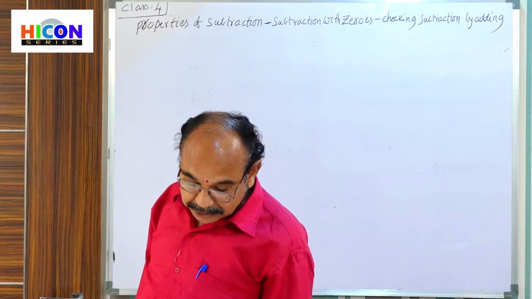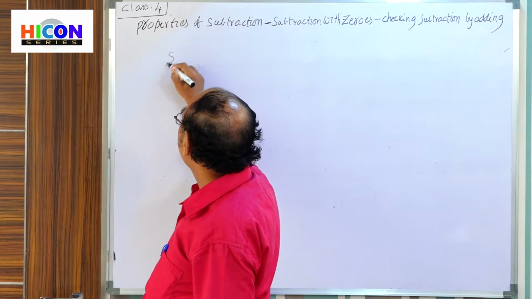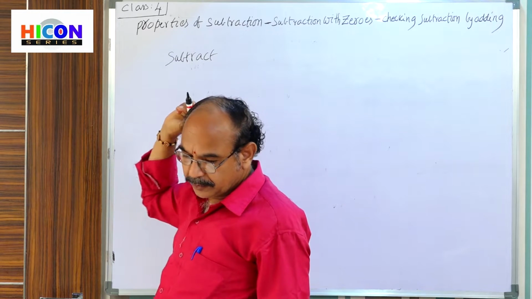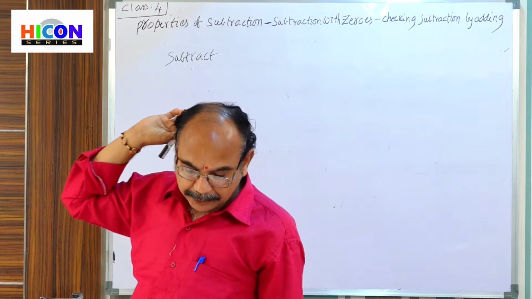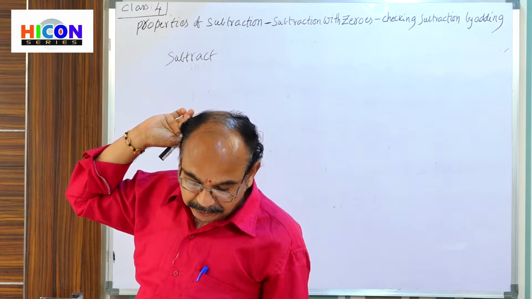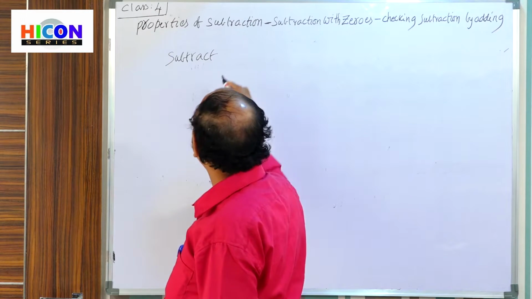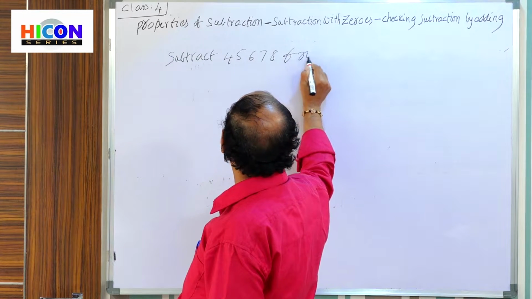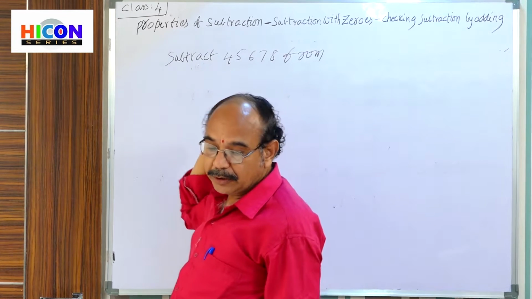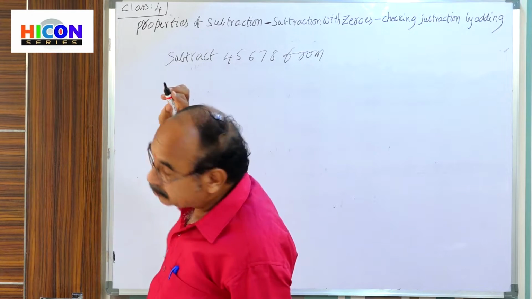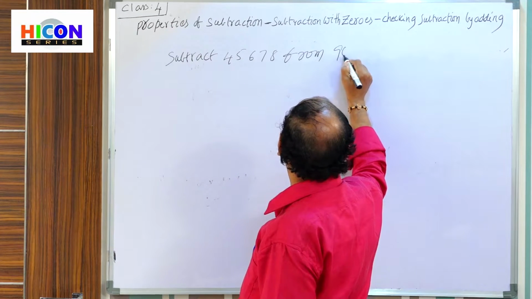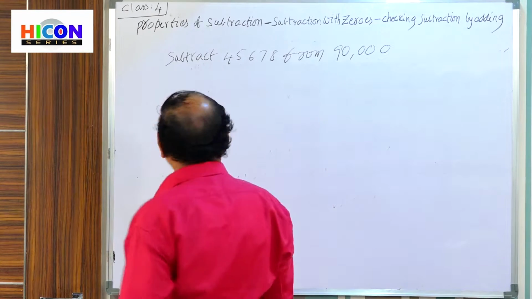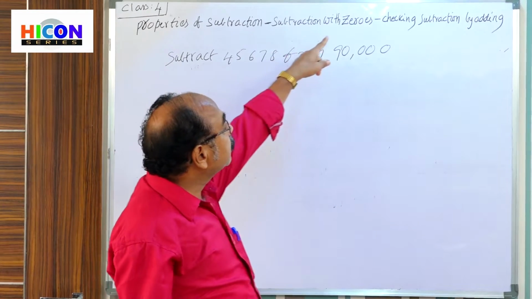Subtract 45,678 from 90,000. So here, subtraction with zeros.